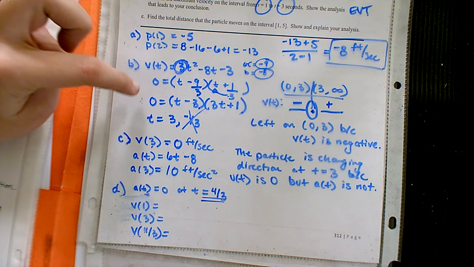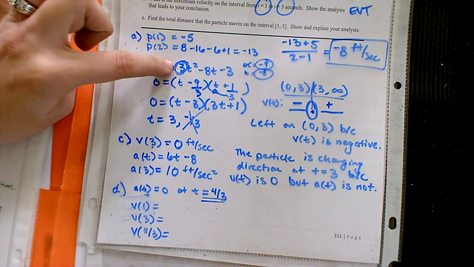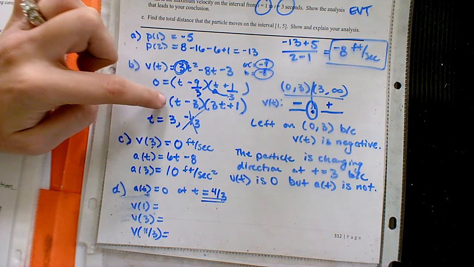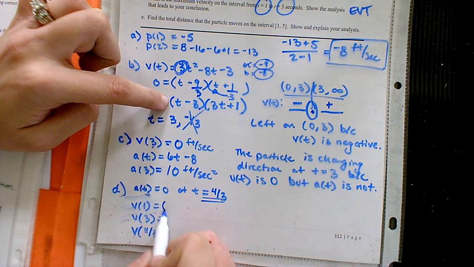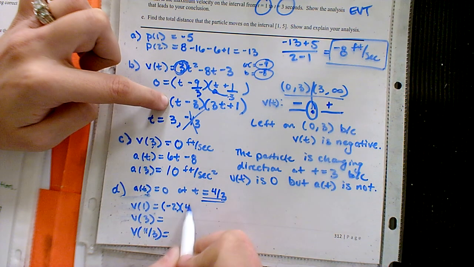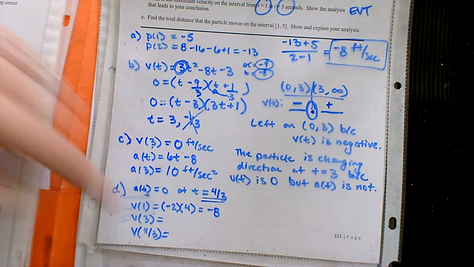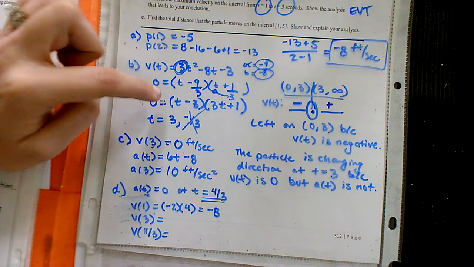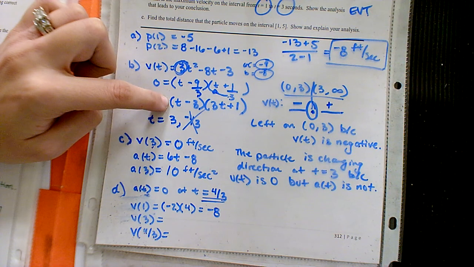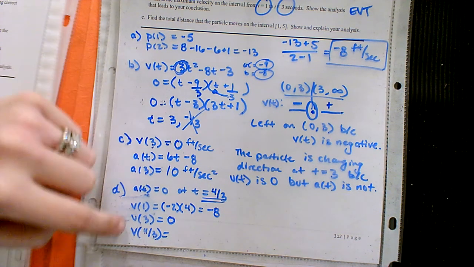Now it might be easier for us to plug these numbers into the factors of velocity instead of the quadratic, but either one would work. If I plug in 1, my first factor would be -2, my second factor would be 4, multiplied together, -8. If I plug in 3, my first factor is going to be 0, which multiplied by anything else is still going to be 0.